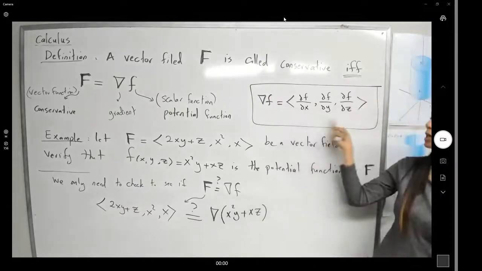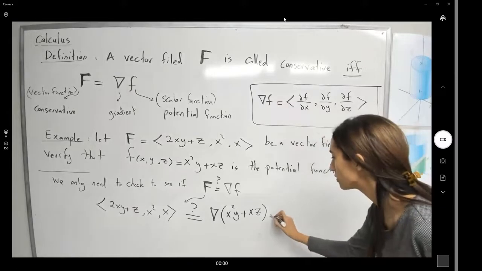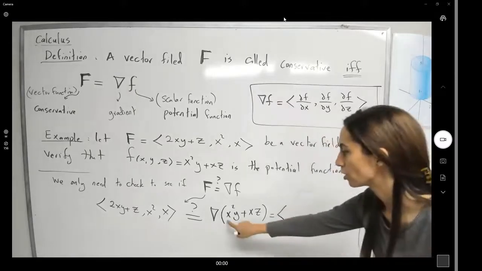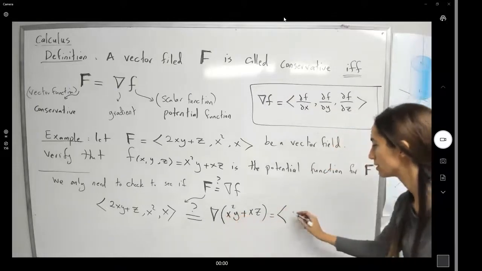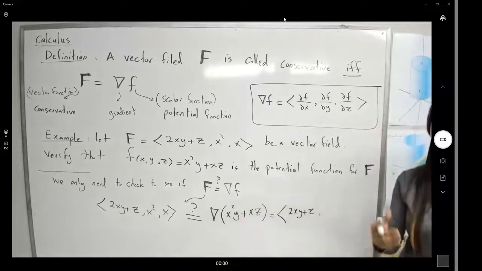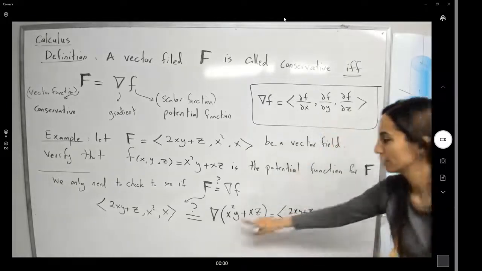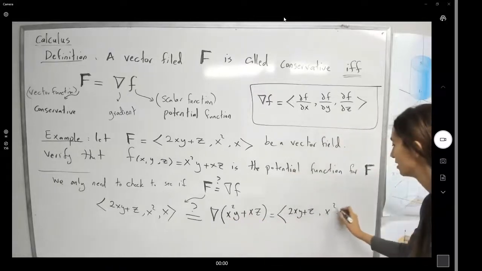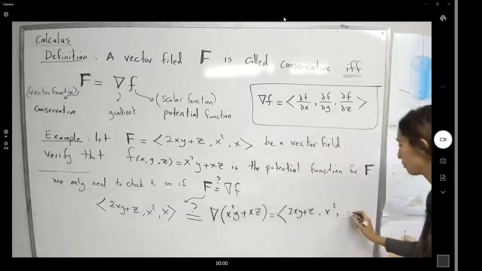So we have to do the calculation and take the partial derivatives. The first component, the partial derivative with respect to x, is 2xy plus z. The second component, the partial derivative of f with respect to y, is x squared. The partial derivative of f with respect to z is x.